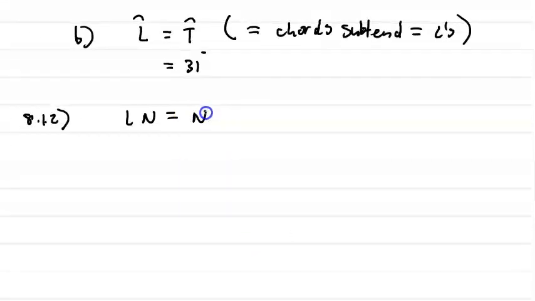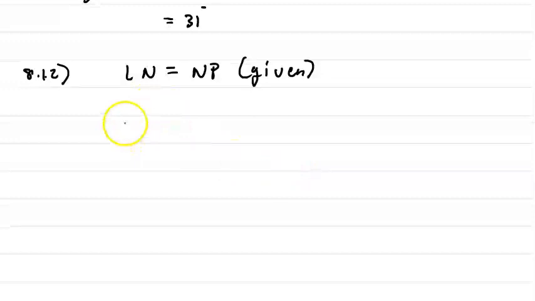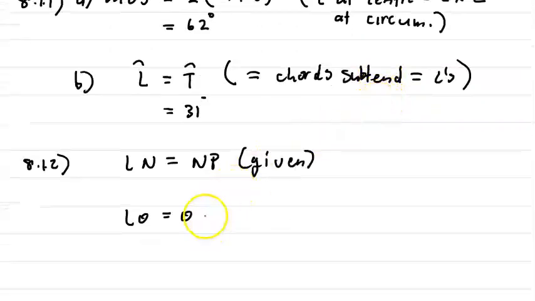And that was given to us. And then the other one we'll write is LO equals OM, radii. Remember, radii are equal in length.